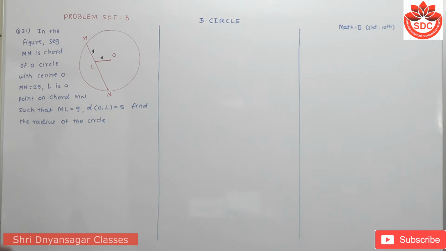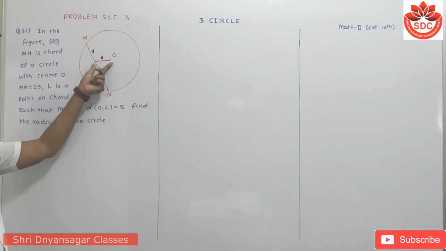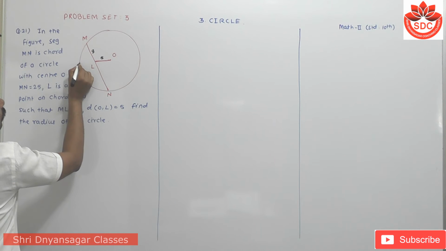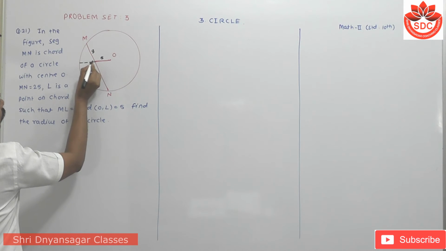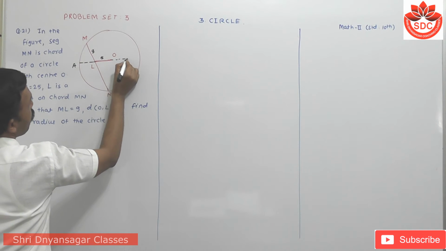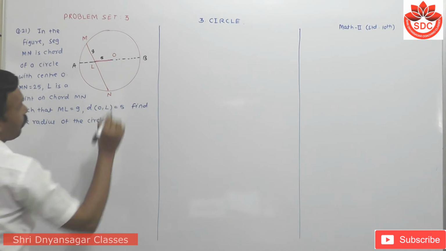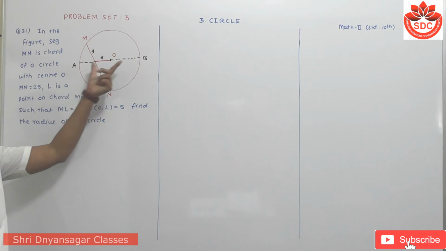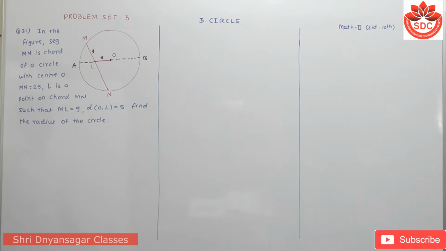Now student, for this we have to extend this segment OM. When we extend this, it intersects the circle at point, suppose A, and when we extend to this side, it intersects at point B. O is the center of the circle, meaning OA and OB are the radii of the circle.